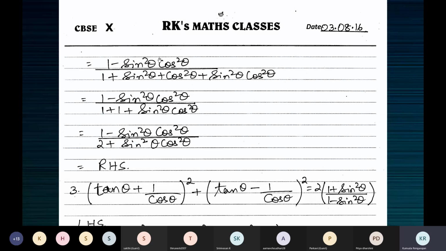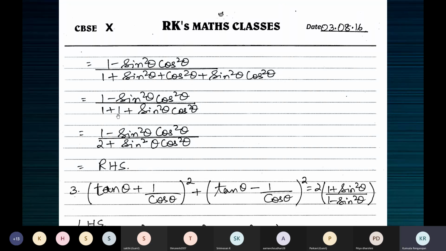So we did not disturb the numerator. I asked what to do with it, but when we checked the RHS, we already got the numerator of the RHS, so don't disturb it. For the denominator, this is the only way: multiply and get the 4 terms. Now we have sin square theta plus cos square theta here, so that is 1.